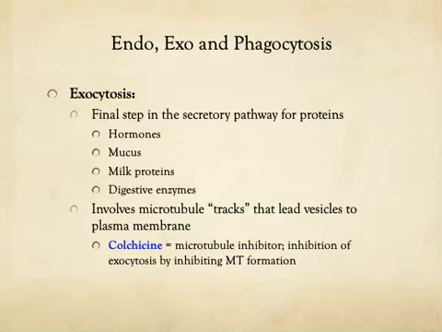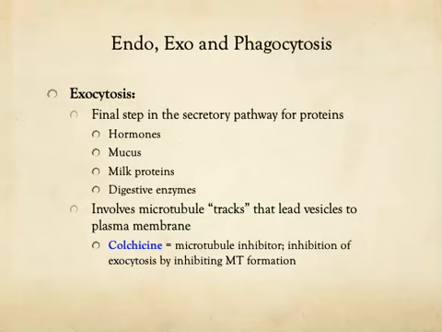These include protein hormones, mucus, the proteins that are found in milk, and various digestive enzymes. All of these proteins are destined to function somewhere outside of the cell, and so must be secreted from the cell.